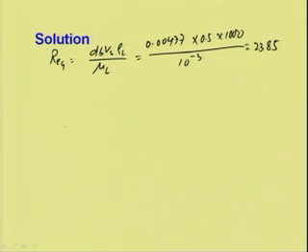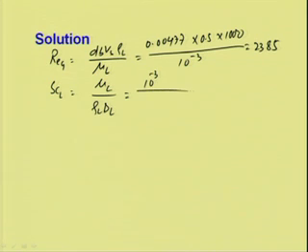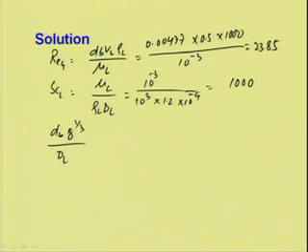Similarly, we can calculate the Schmidt number, mu L by rho L dL, which is 10 to the power minus 3 divided by 10 cube into 1.2 into 10 to the power minus 9, and this will give you 1000. We can calculate dB g to the power 1/3 by dL to the power 2/3. So, this will be around 9610.